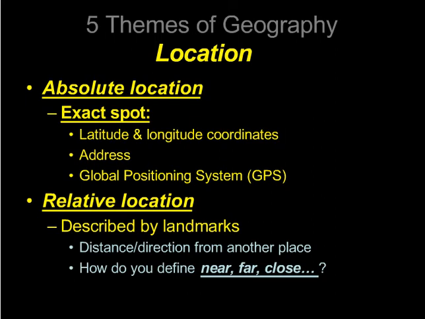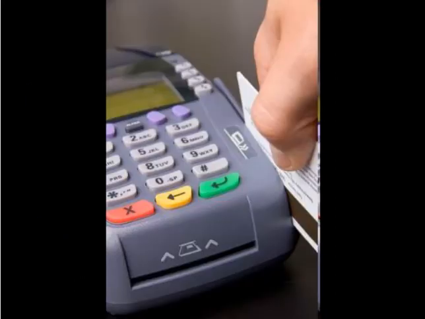Every time you swipe your credit card, an absolute location is given. If you look at your receipt, you'll see an address, and even more specifically, the credit card machine number at the address where you used your card. What businesses and companies can do with this is understand more about your consumption habits, the things that you buy, where you go to shop, and so forth.